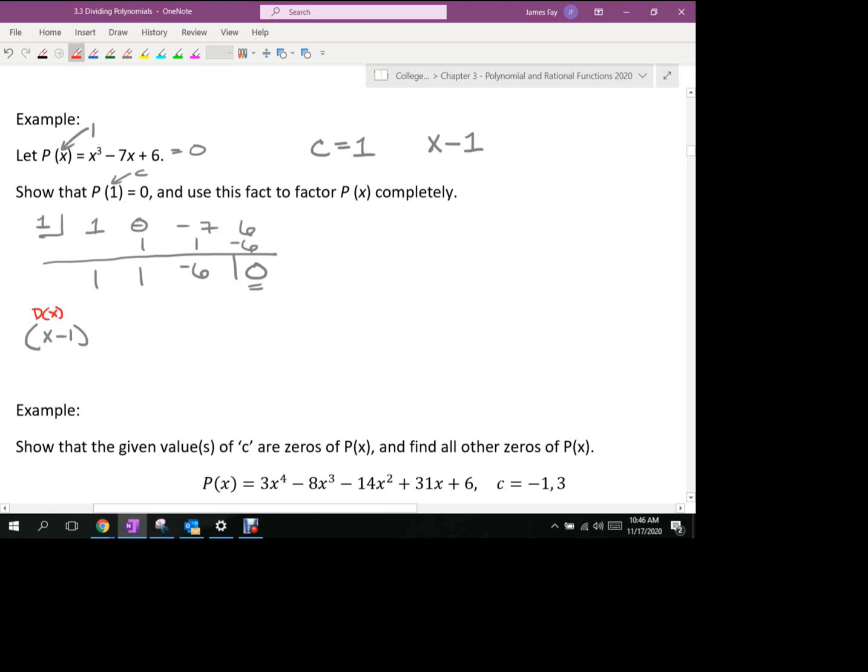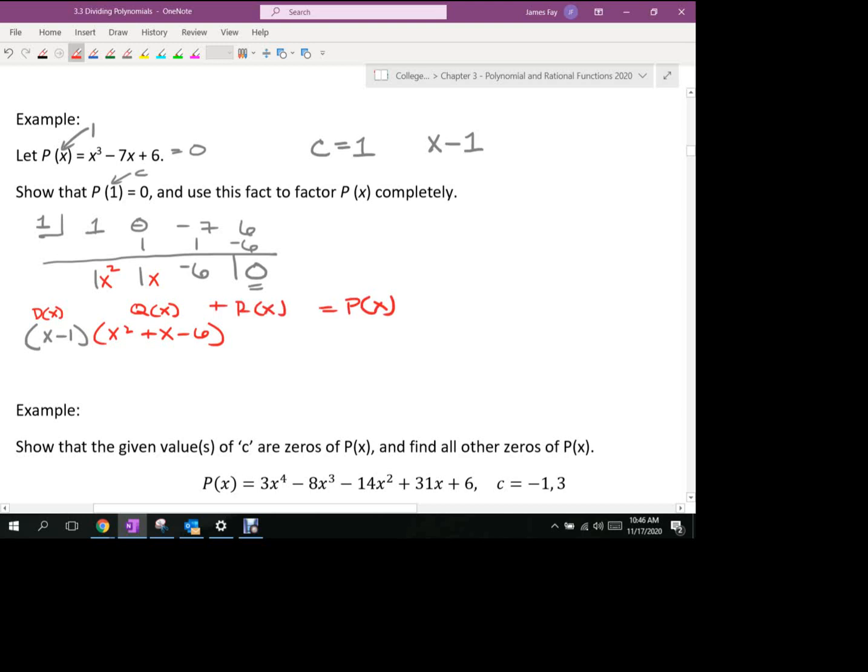What is the variable and exponent that goes to this? X squared, right? This would be x to the first, correct? So we have x squared plus x minus 6. That's our quotient, correct? Well, we got the divisor times the quotient plus the remainder, but the remainder is 0, right? Haven't we talked that that is the same thing as P of x?